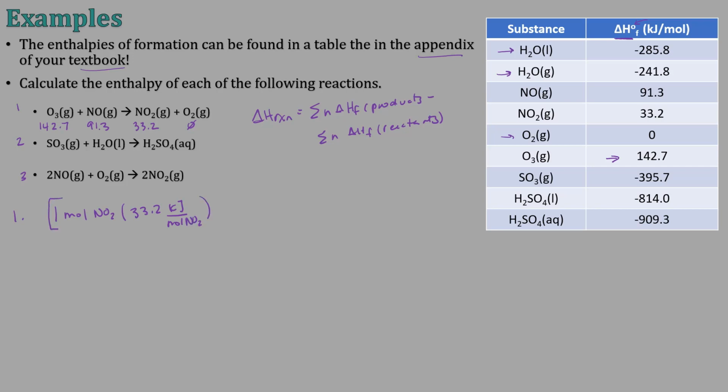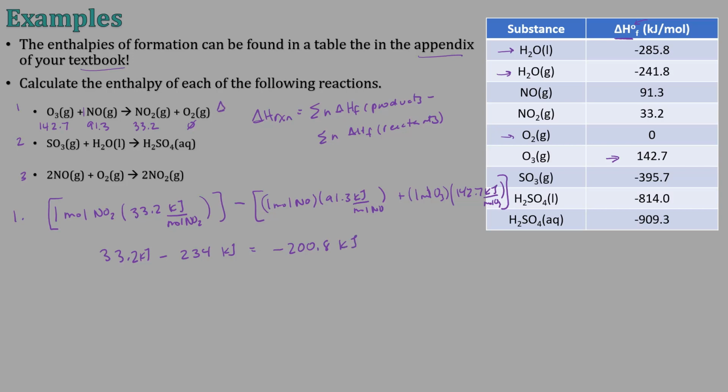Okay, so that's all of my products because oxygen is 0, and then we're going to subtract from that 1 mole of NO, because there's only 1 of them, times 91.3 kilojoules per mole of NO, plus 1 mole of O3 times 142.7 kilojoules per mole of O3. So I'd have 33.2 minus 234 kilojoules, and I end up getting negative 200.8 kilojoules for that reaction.